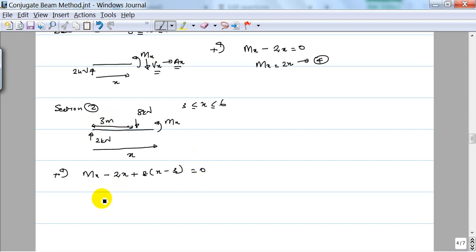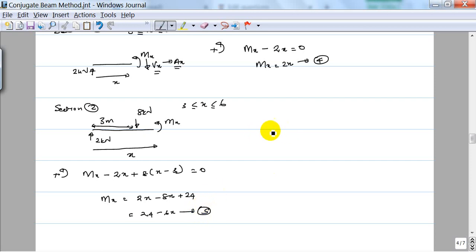So now this gets me Mx is equal to 2x minus 8x plus 24. That is 24 minus 6x. This is my 5th equation.